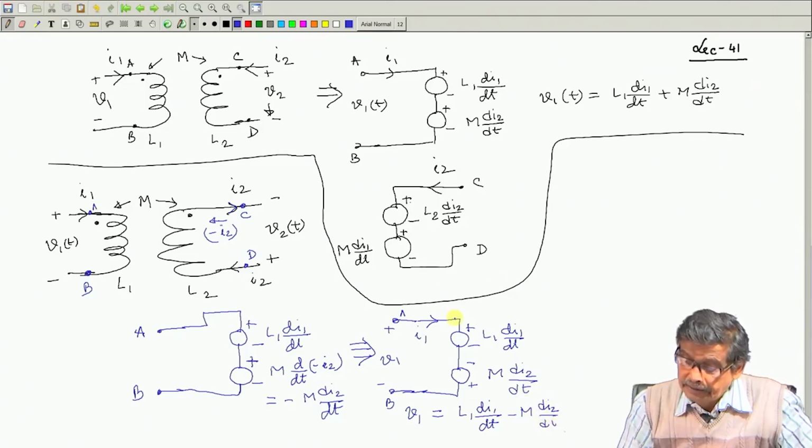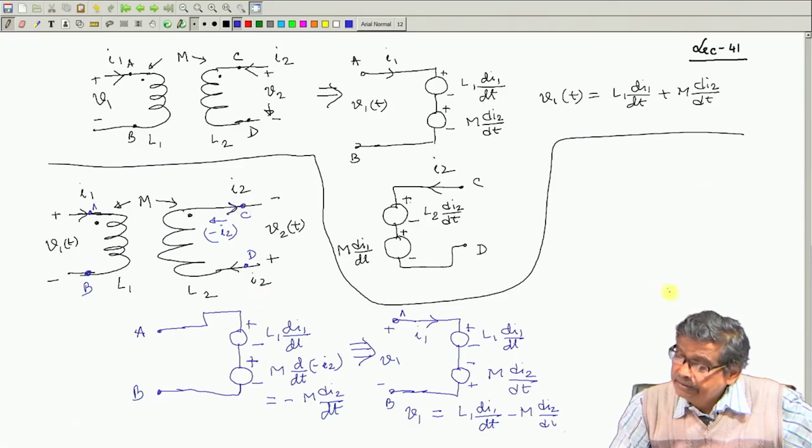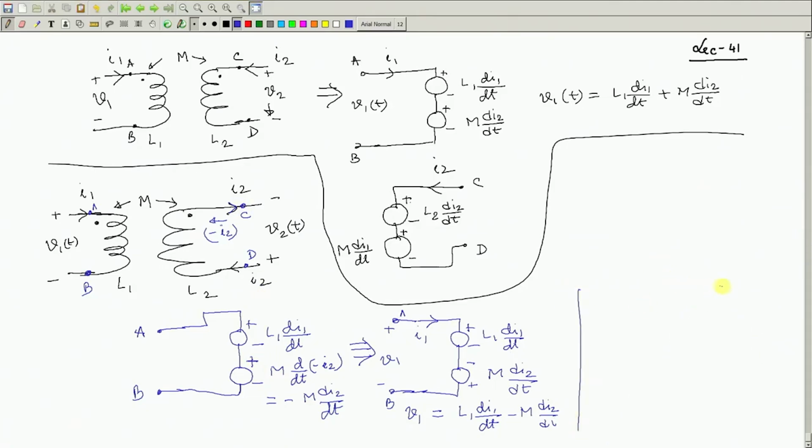What about the CD terminals here? Let us draw the diagram across CD. Across CD, this is your C, this is your D, and I have already pointed out this is my voltage polarity, the applied voltage, and then this coil will have two EMFs. One is because of self inductance, another is because of mutual inductance.